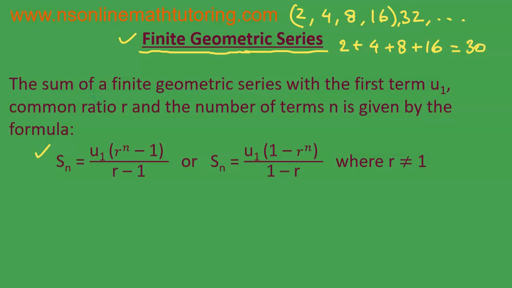Okay? So the sum of a finite geometric series with the first term as U1, common ratio as r and the number of terms as n is given by the formula Sn.